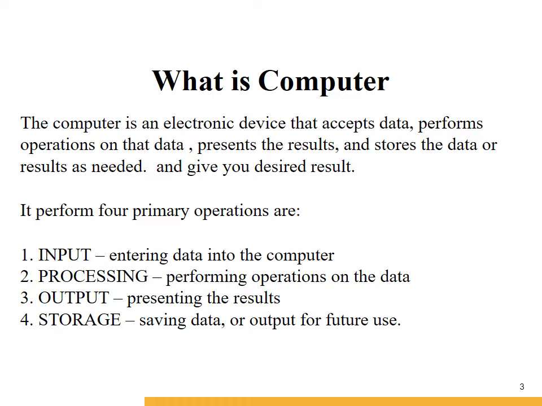A computer can be defined as an electronic data processing machine which accepts the data through an input device, processes those data in the CPU, that is processing unit, and then stores them into its memory unit or storage devices and gives us the meaningful output through what? Through output devices.